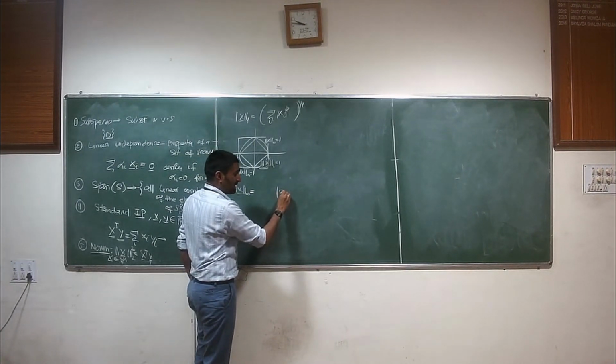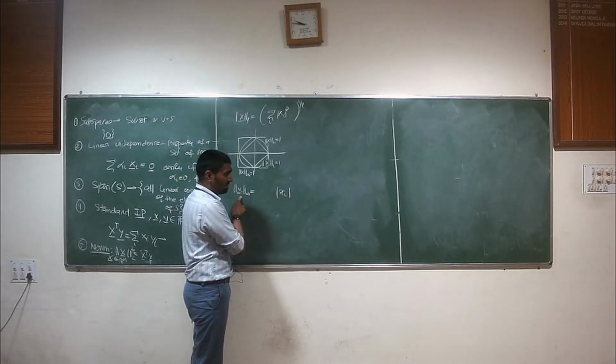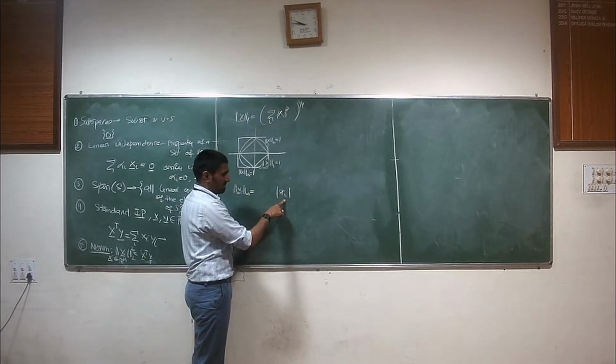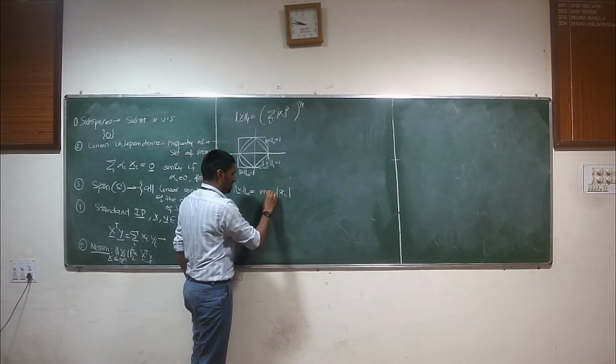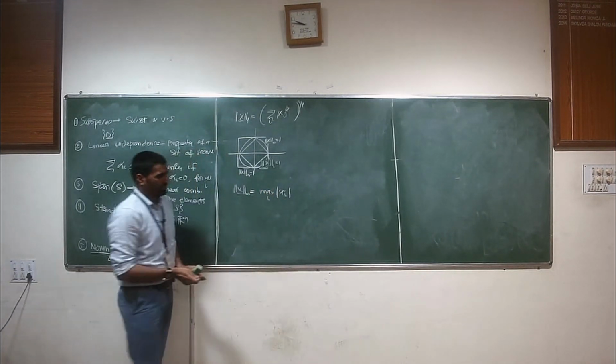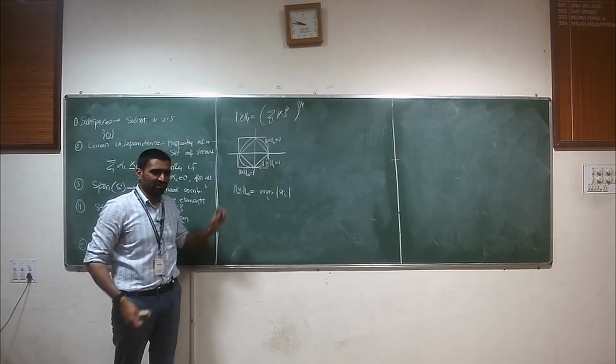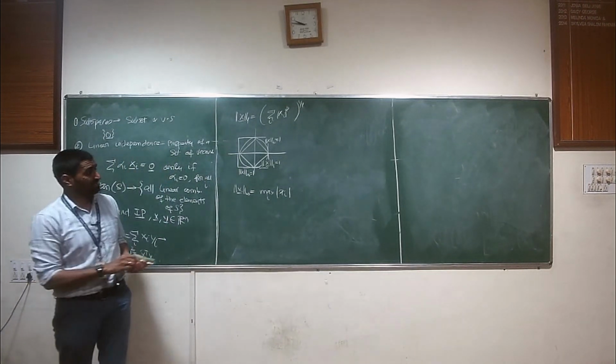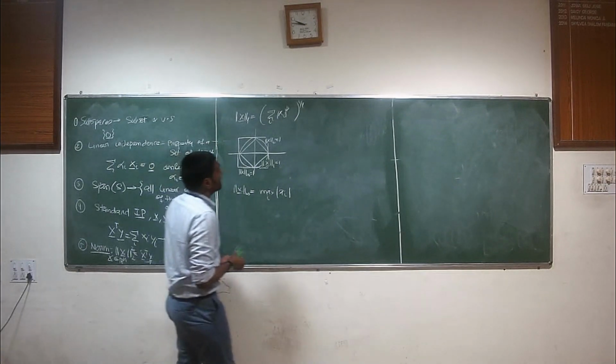Okay, absolute value what? There are n numbers, no? You take the absolute value of all of them, and right. Simply the maximum absolute value of all the elements in your vector. Right? Okay, all right. This is where we stopped. Okay, we'll continue from here.